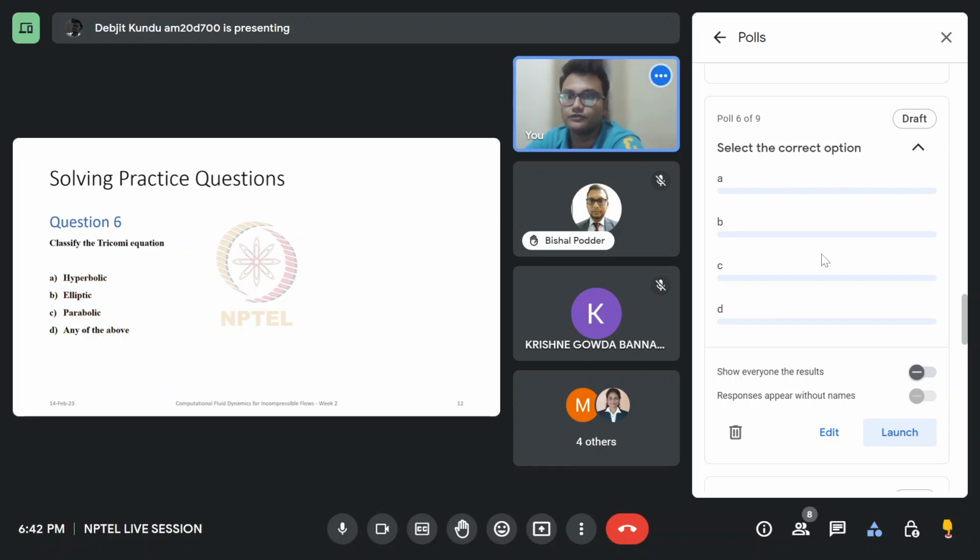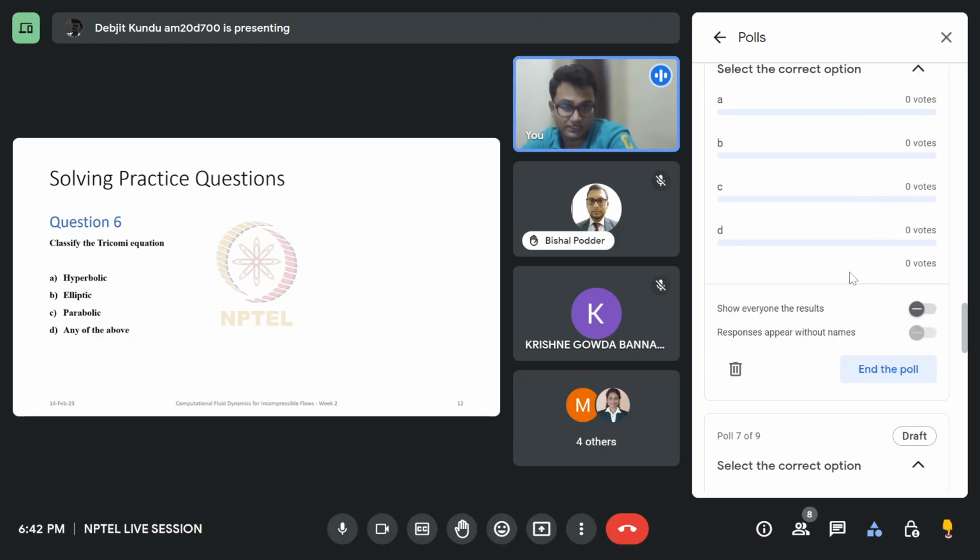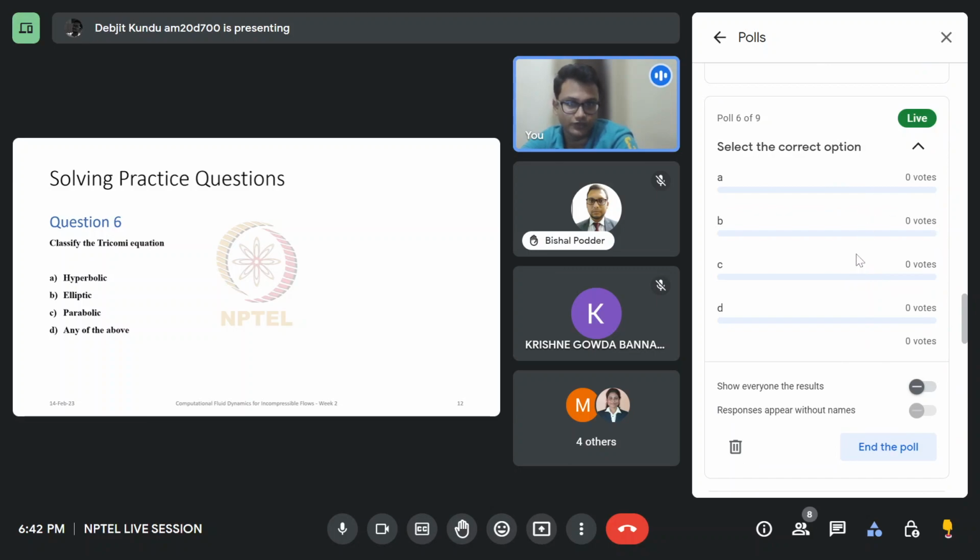We'll move on to question number 6, which is classify the trichotomy equation. Here also we have those same options: hyperbolic, elliptic, parabolic, or any of the above. So how to classify the trichotomy equation? Once again, the poll is live. Once you figure out the solution, put in your response in the poll.